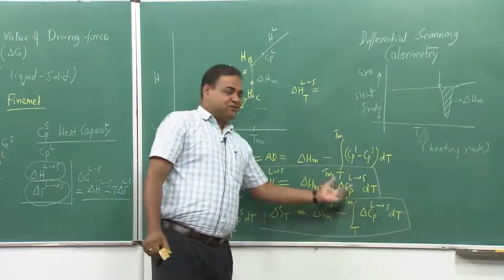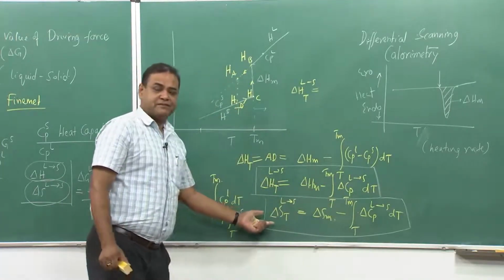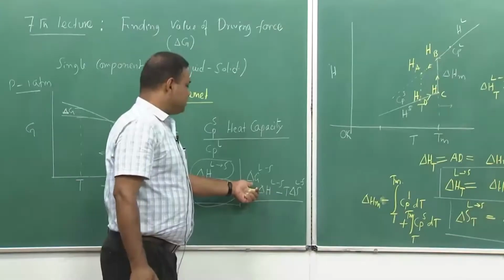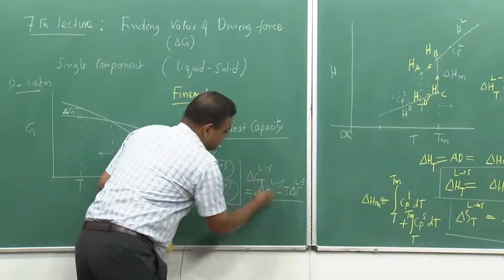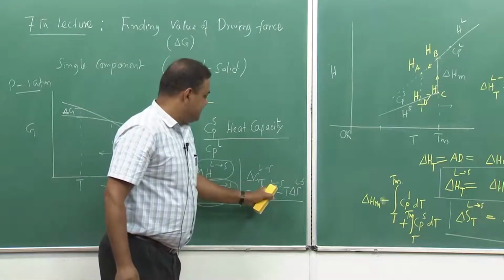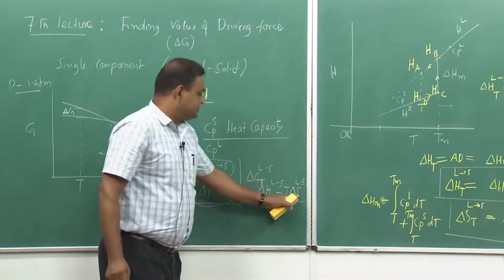This is one expression, this is another expression. Since I know del Hm, I also would know del Sm from experiment, and this is an experimental quantity.